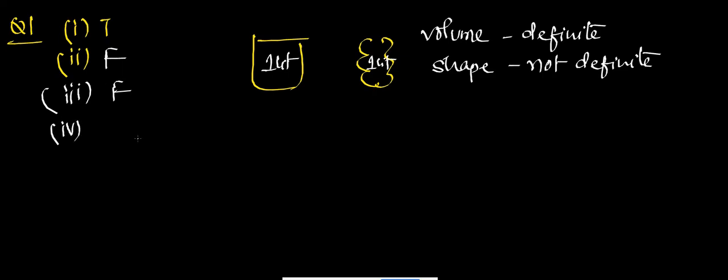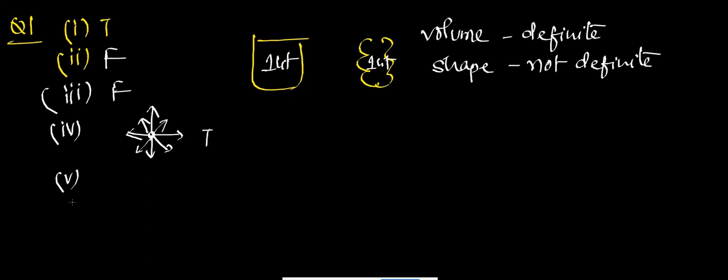Fourth one. Exerts downward and upward pressure. I told you yesterday in class, when you take a specific point, the pressure of the liquid will be in all directions, upward, downward, sidewards, all the directions. So this is also true. Ma'am, but they did not give a specific point. It exerts downward, upward pressure. Will it exert pressure in downward direction or not? Yes.